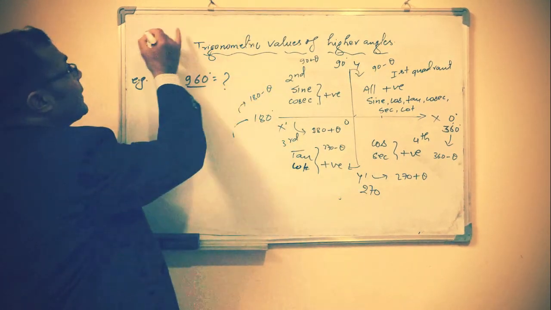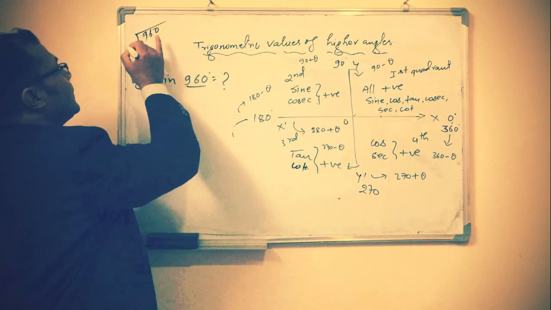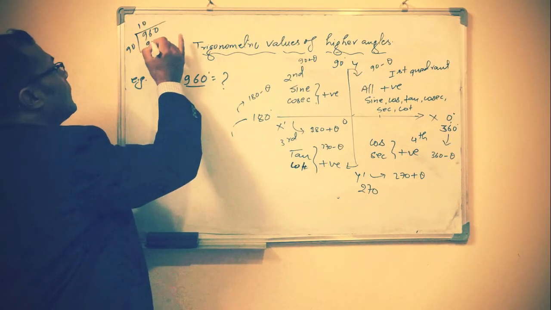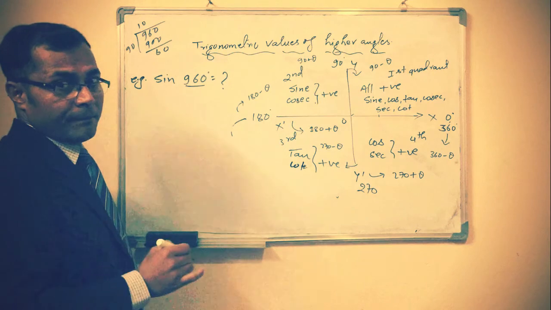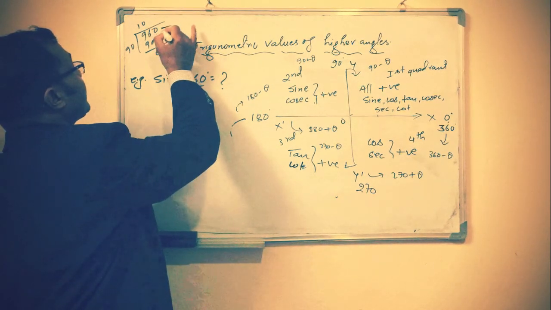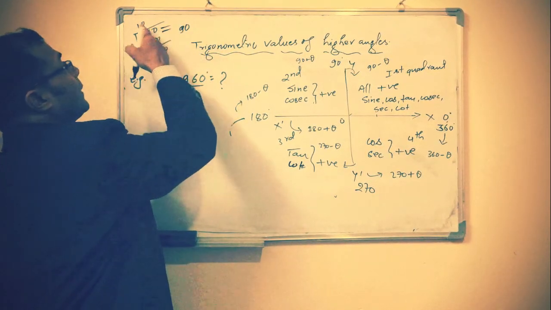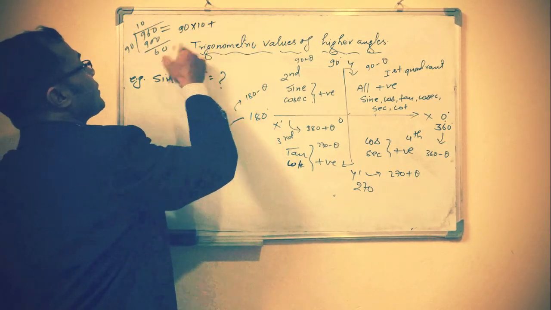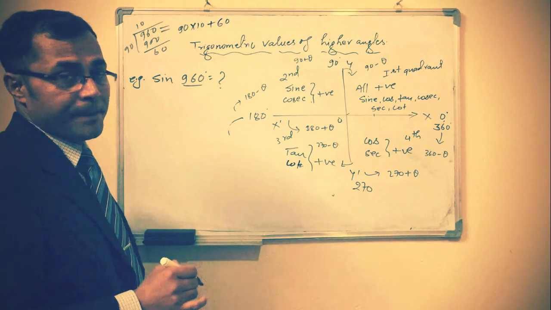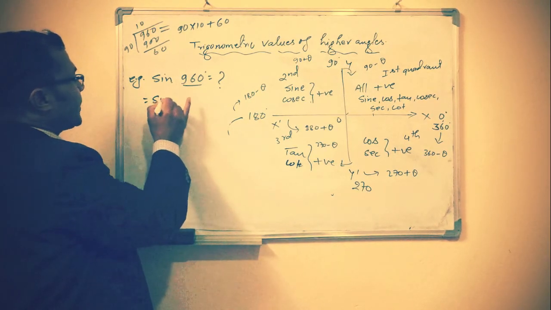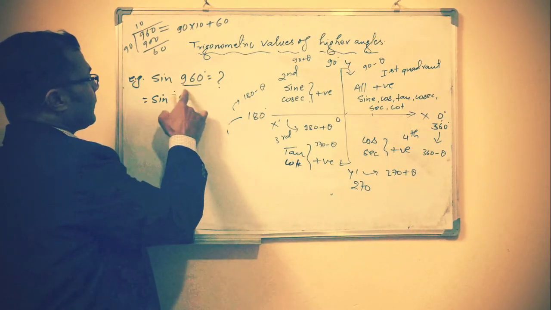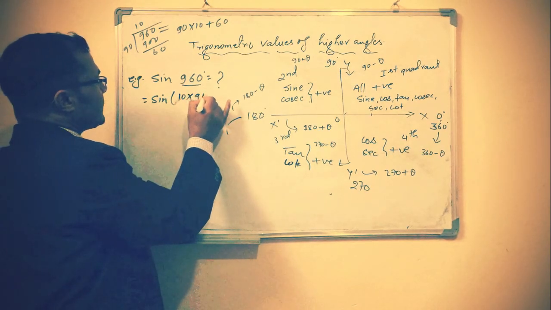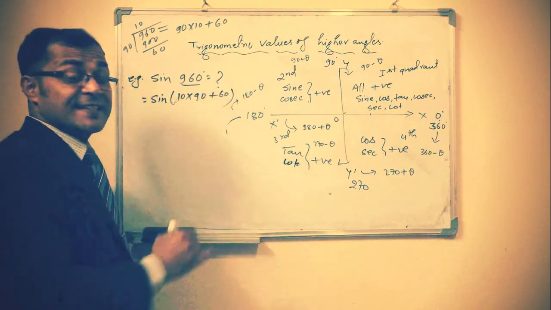Just divide 960 by 90. 10 times 90 is 900. The remaining is 60. Right. So 960 can be written as 90 times the quotient 10, plus the remainder 60. So what I'm going to do over here is sine of 10 into 90 plus 60.